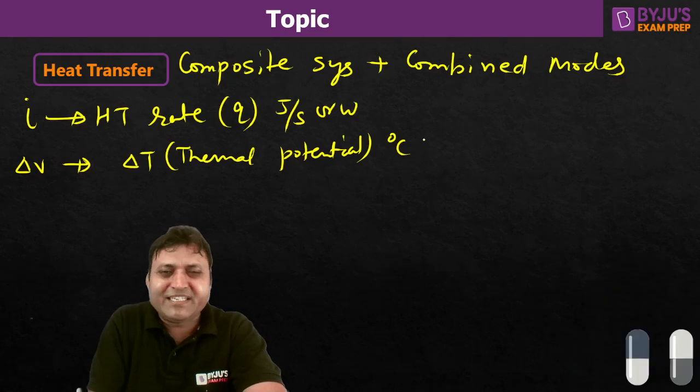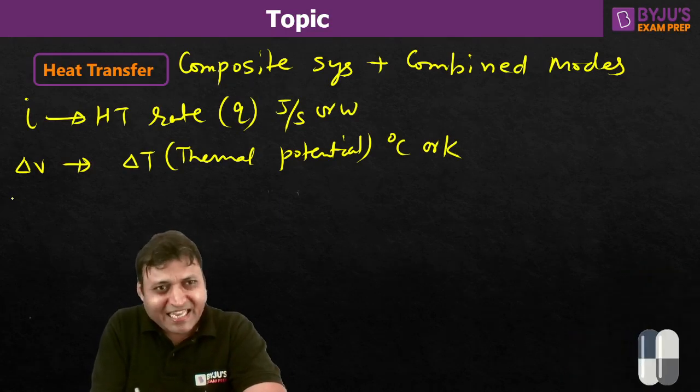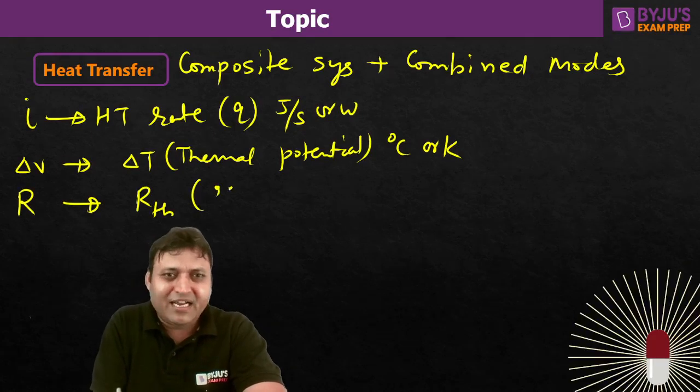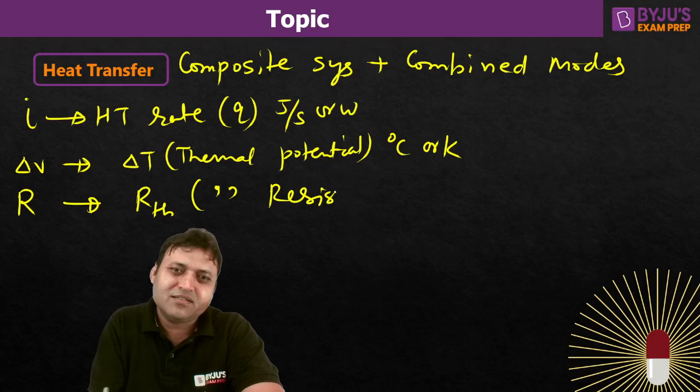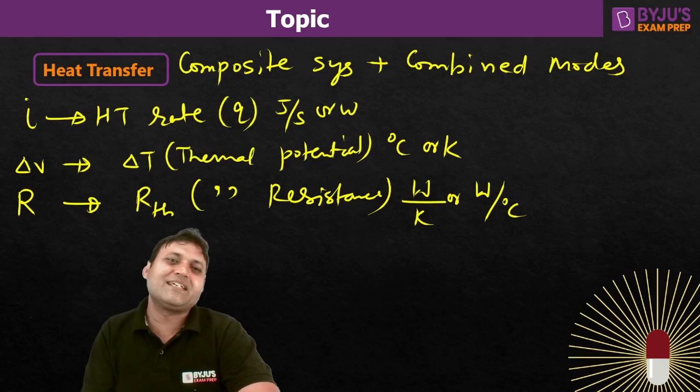The unit is degree Celsius or Kelvin, and resistance R will be replaced by thermal resistance. The unit will be watt per Kelvin or watt per degree Celsius.